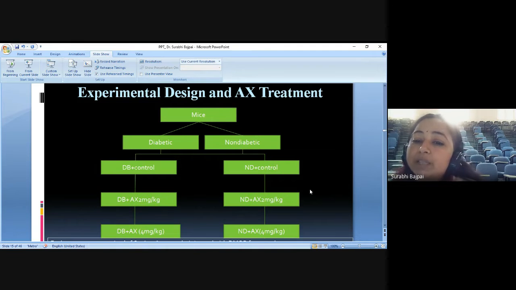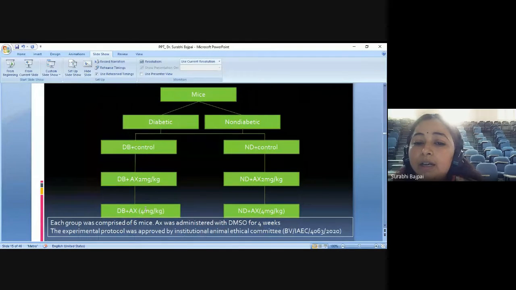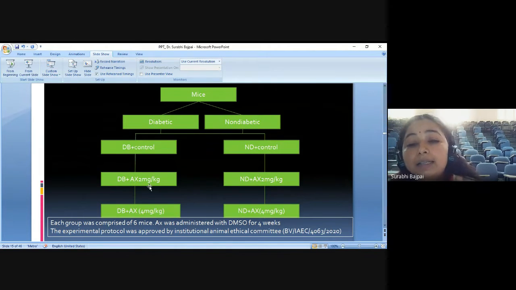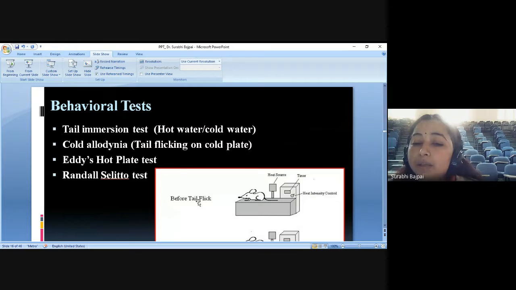The mice were divided into the diabetic control and the non-diabetic controls, and the different groups of diabetic mice were administered astaxanthin in increasing doses of 2 mg per kg and then 4 mg per kg for 4 weeks. This whole experimental protocol was approved by the institutional committee also.